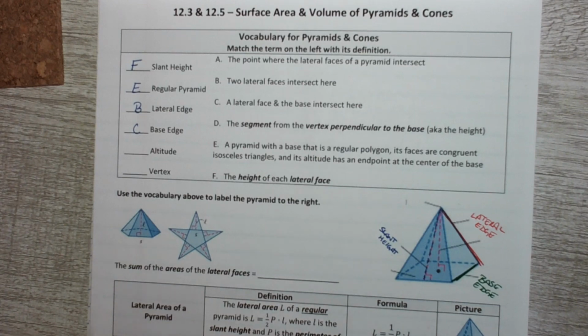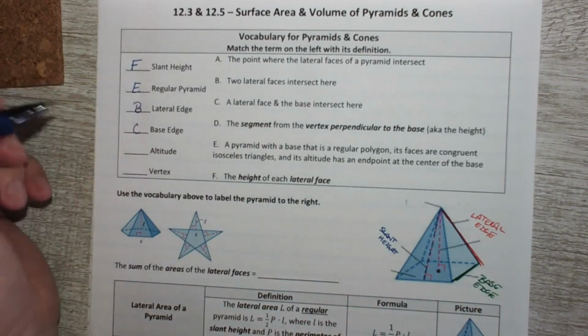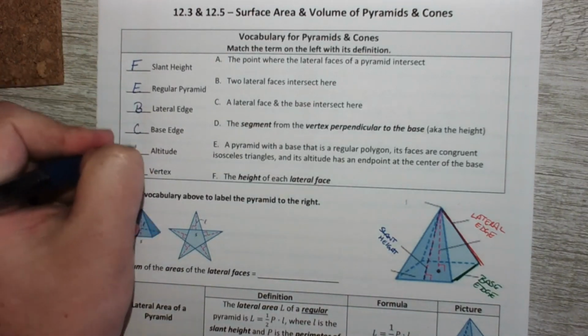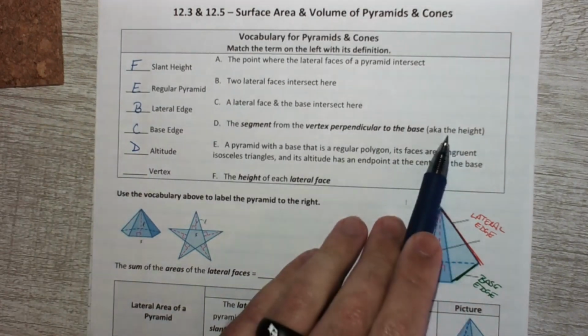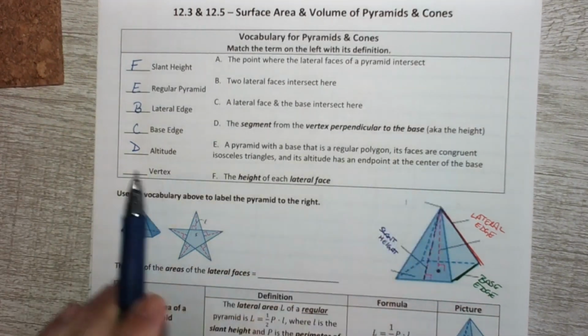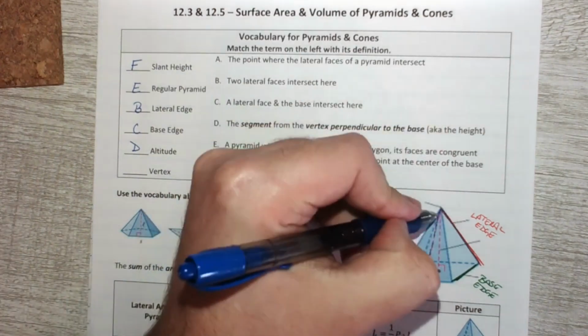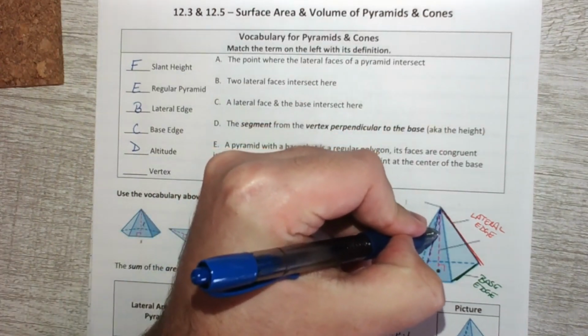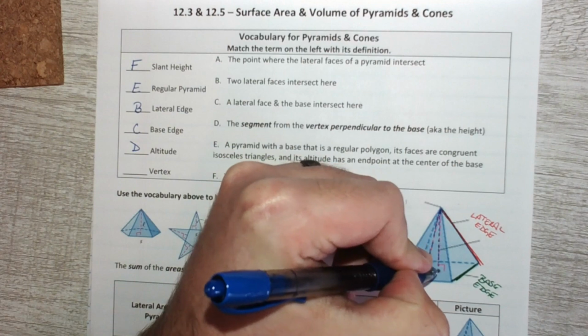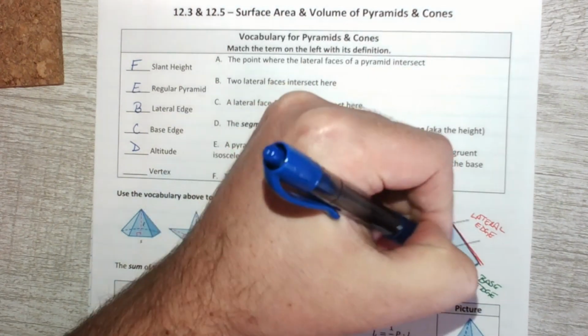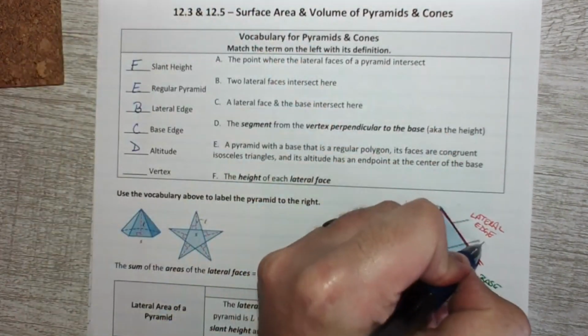Okay, and then an altitude is option D. This is the segment from the vertex perpendicular to the base. A lot of times you'll see the height of the pyramid called the altitude. So in our diagram over here, I'm running out of colors here, but we'll say that this going straight down the center of that pyramid right here is going to be the altitude.